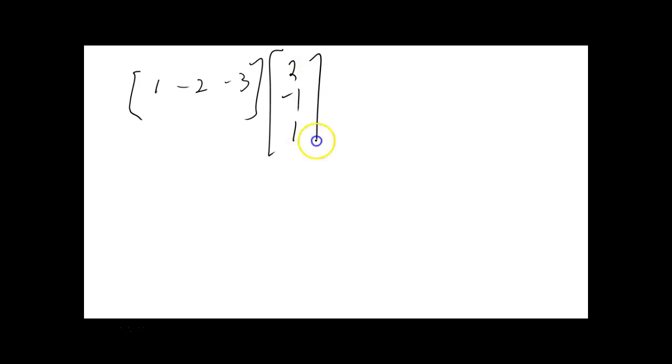But let's now do the D one. Oh, let's see. Can you even do this? This is a 1, -2, -3 by a 2, -1, 1. Now, first off, tell me, what do we call these two? Row matrix and column matrix, or row vector, column vector.